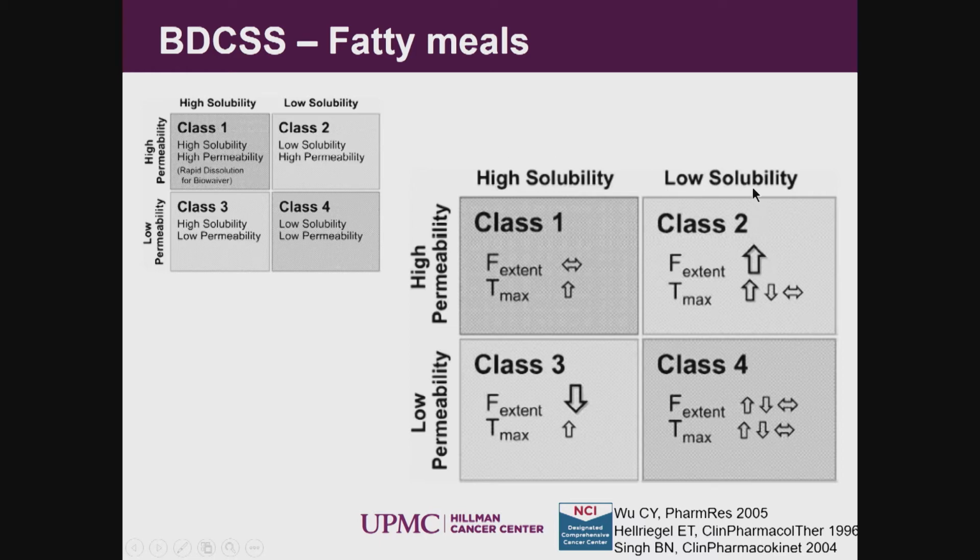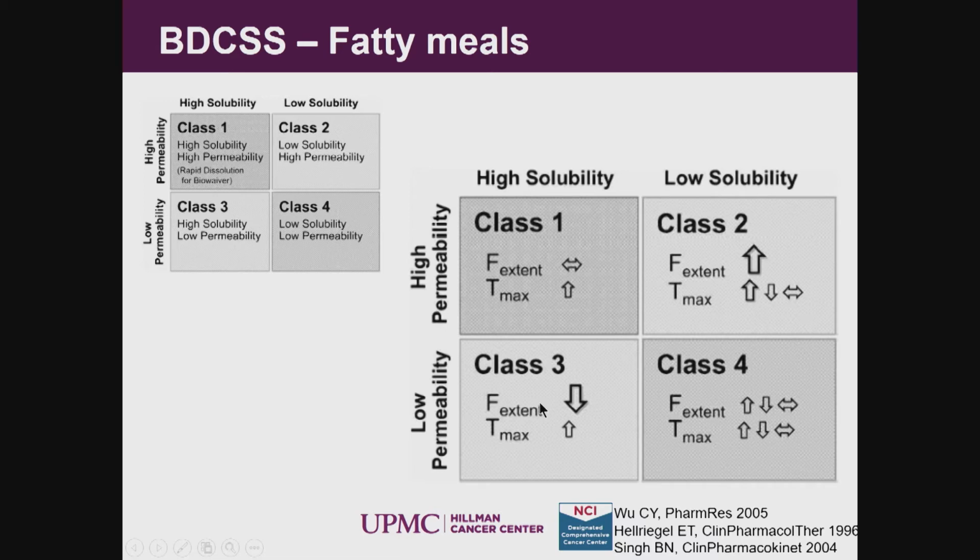These are low soluble, and compounds are often solubilized more by food and the bile salts that are released because of food. This will increase the solubility of these compounds, and the food components will inhibit efflux pumps, and so this will also increase the extent of absorption.